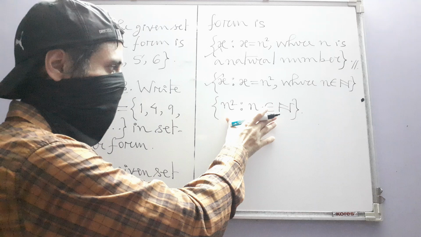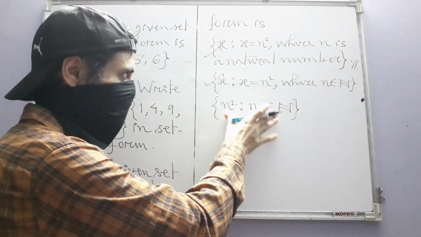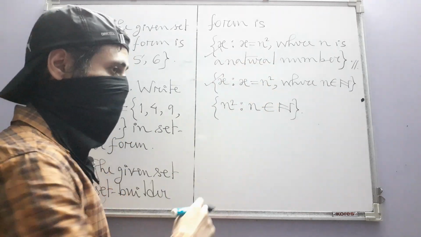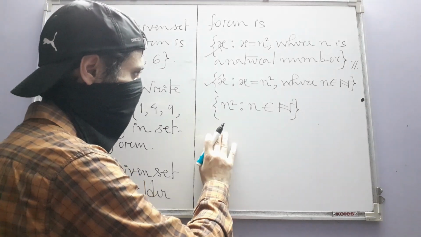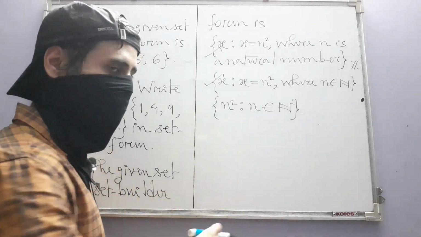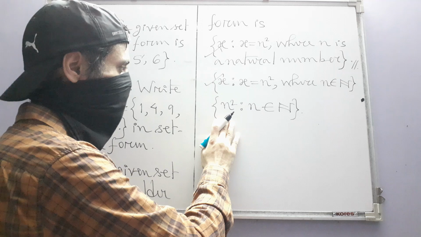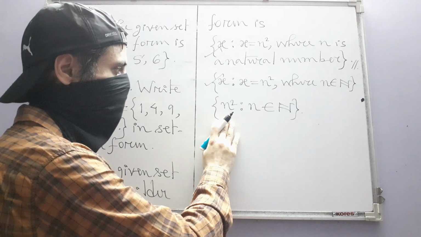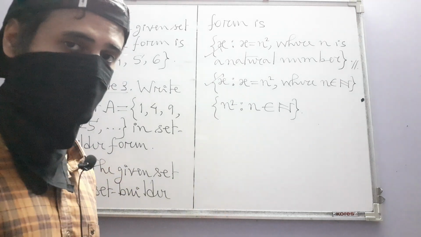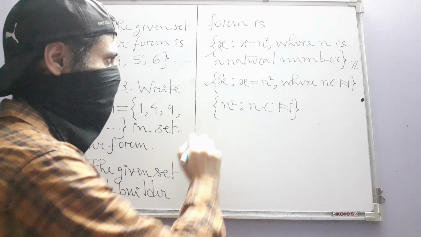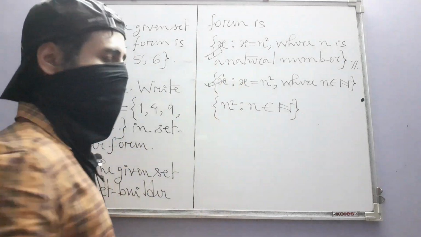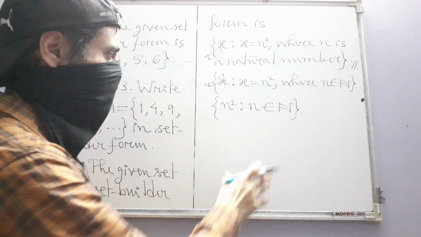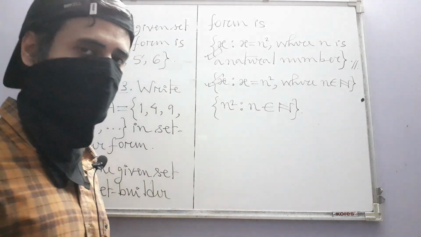You see, technically there is no distinction between this and this, but from an examination point of view, whoever is going to check your answer script should not feel that you just don't know the thing. So it's better from an examination point of view to be a little descriptive, not absolutely brief like this.